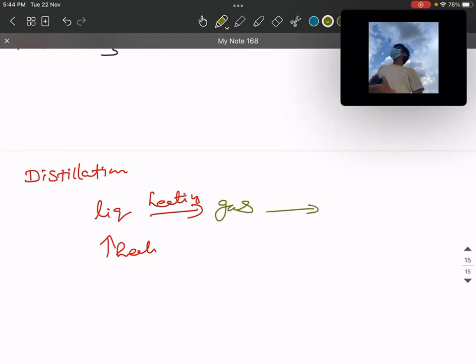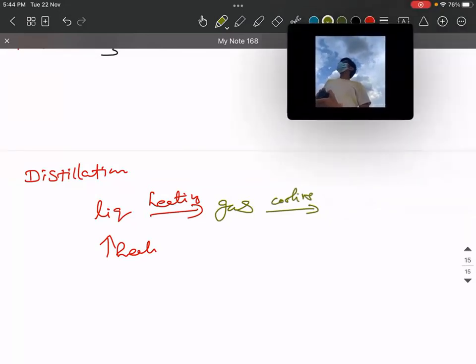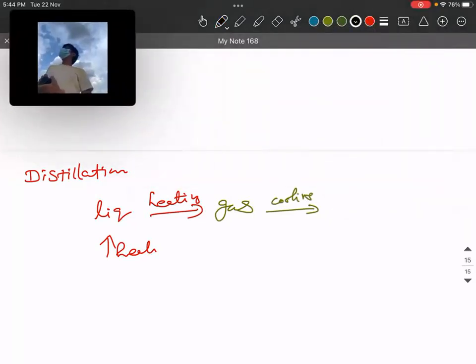When you are cooling the gas, you get liquid A. After some time, liquid B, which has a boiling point higher than liquid A. The one having the lowest boiling point will come first.